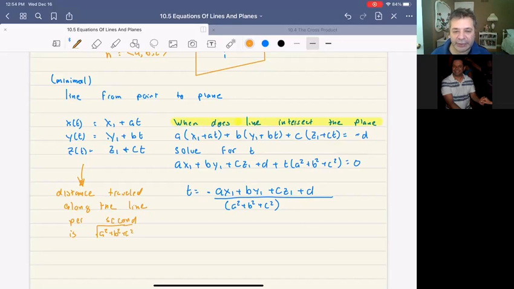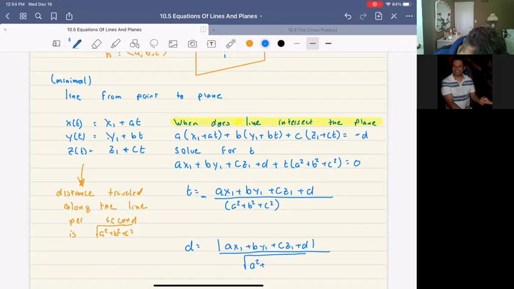So our final distance is going to be, we use an absolute value here. That negative should have been in front of everything. We use an absolute value just so that we always get a positive: ax1 plus by1 plus cz1 plus d divided by the square root of a squared plus b squared plus c squared.